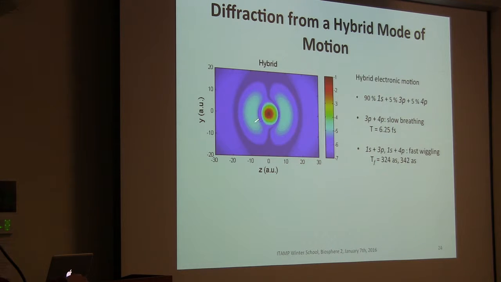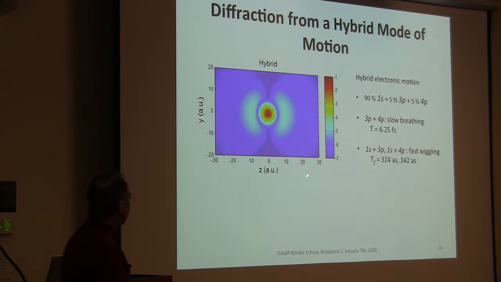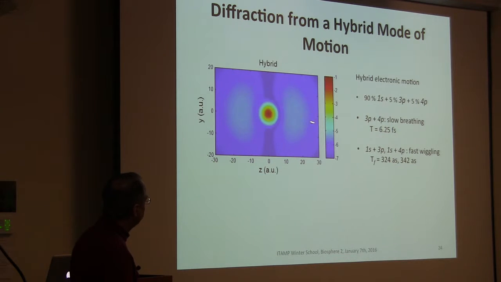So in this picture, this is the charge density. And so you can see this slow breathing mode, but very rapid back and forth motion. This slow breathing is going to go away. You see the asymmetry here.